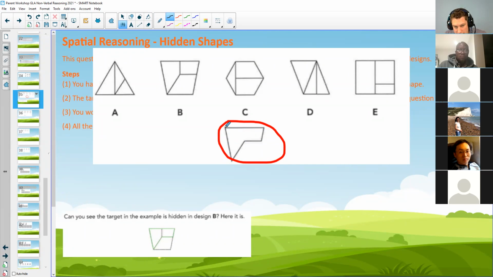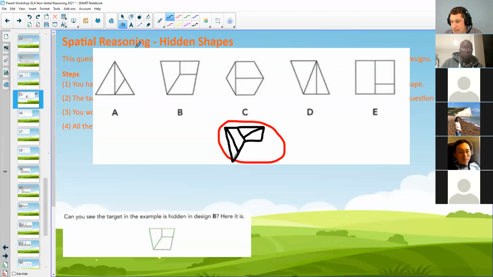But all the children need to consider is the outline of the shape. So they've got to find that outline within one of those designs. Whatever's happening inside doesn't matter. If I had a line going this way, or a line going down here, it doesn't matter. All they've got to find is the outline, and that, of course, must be exactly the same. But it could be that they've rotated that target shape within one of those designs.